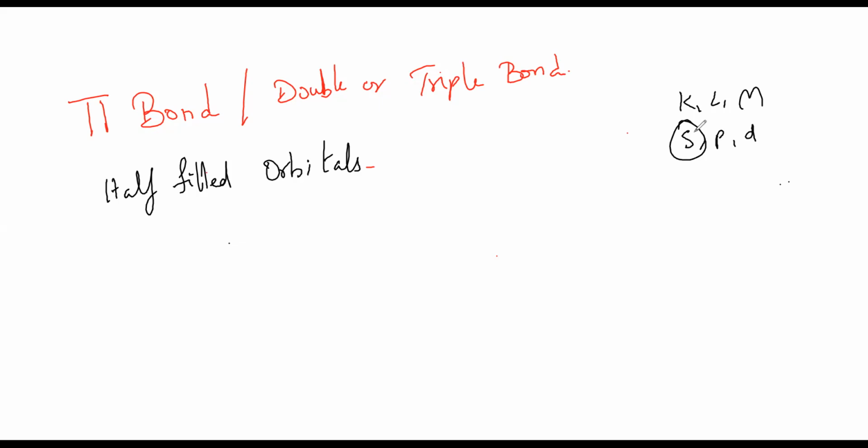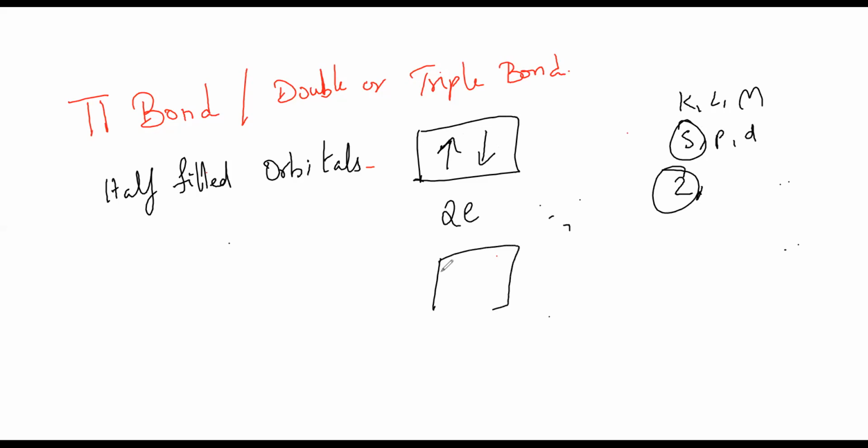An orbit can hold how many electrons? 2 electrons, right? So suppose it holds only 1 electron instead of 2 electrons. If I am putting only 1 electron, that is half filled.